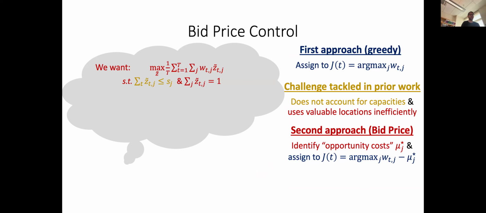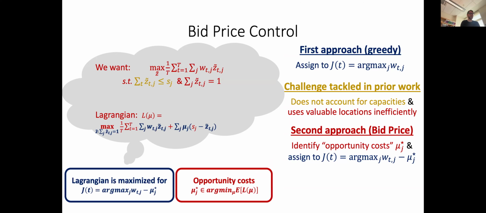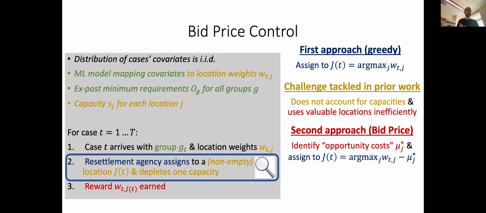And what one can show is that this will do quite well at imitating the optimum solution. Now, of course, in order to do that, you'll need to take some Lagrangian, you'll need to compute these opportunity costs. But once you have that, you can implement such an algorithm.